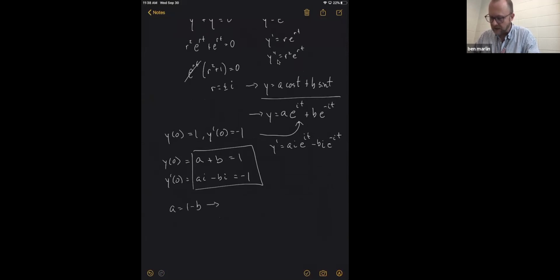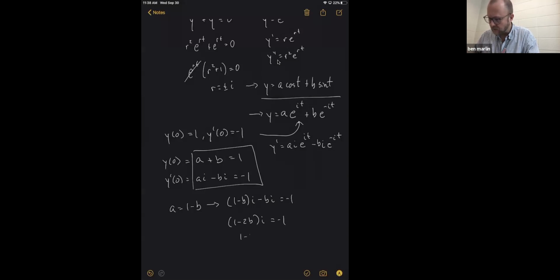So I know that a has to be 1 minus b, and so when I replace it in here, I can see that I end up with 1 minus 2b i equals -1. Then I'm going to divide both sides by i.